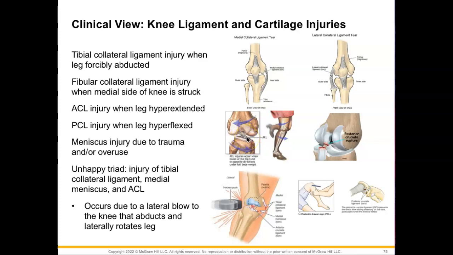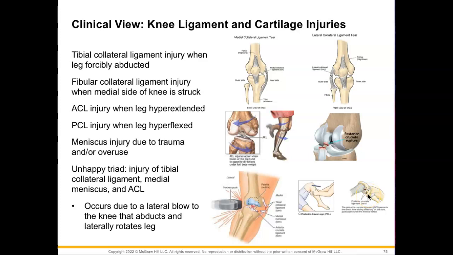And then we can also have a PCL injury where that PCL is torn. And this is just an illustration showing you what a posterior drawer sign is. So a therapist or a doctor would put some pressure on the tibia to see if it slides back, and this is what's happening internally. If that PCL is torn, then that tibia would be able to move posteriorly.